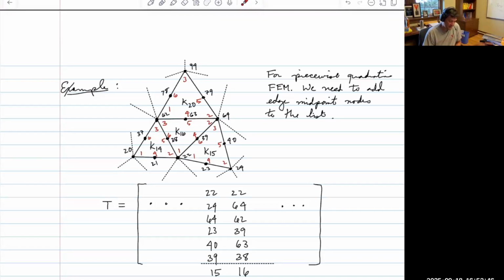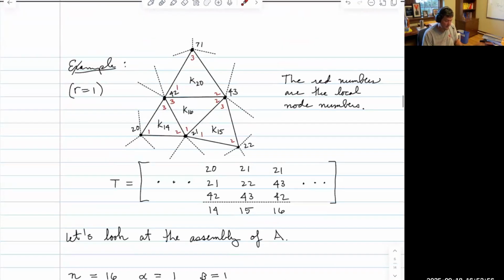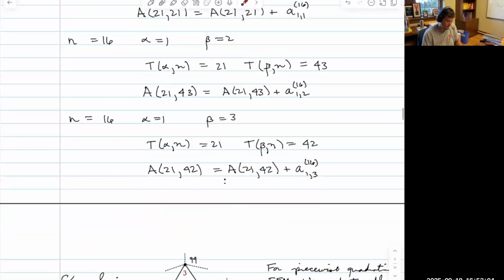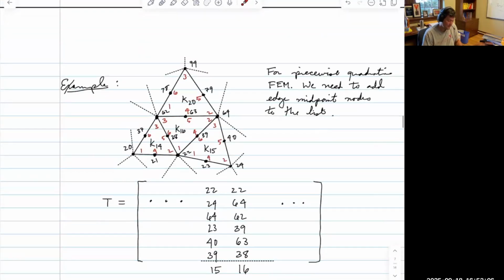Let's take triangles 15 and 16 here. So that is that triangle and that triangle. This is a similar mesh to what we had before. All that has changed is that now, instead of having degrees of freedom only at the vertices, we also have them at these edge midpoints. For triangle 15, we now have this information.